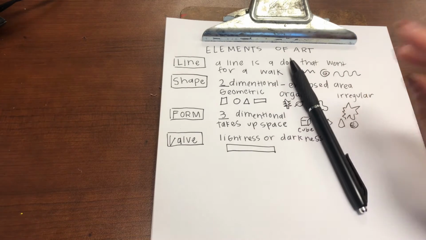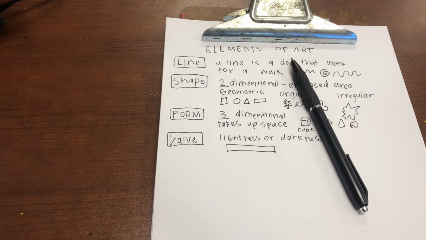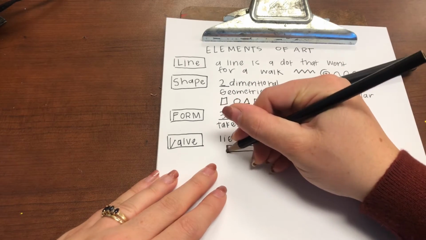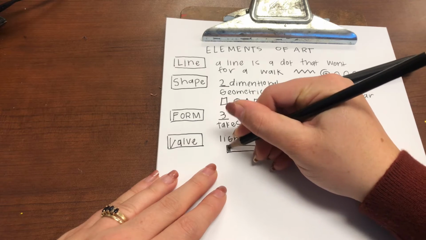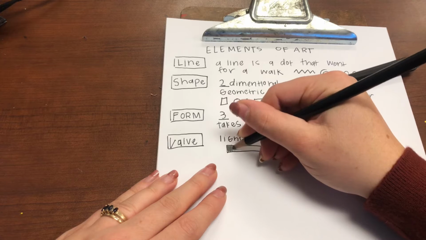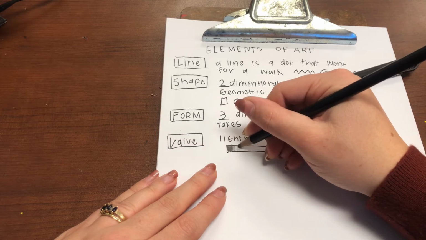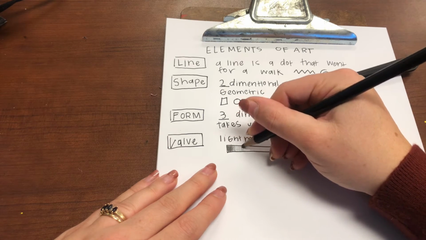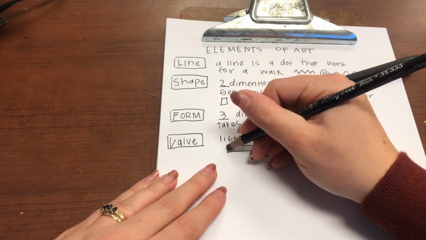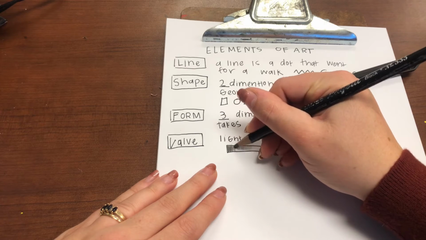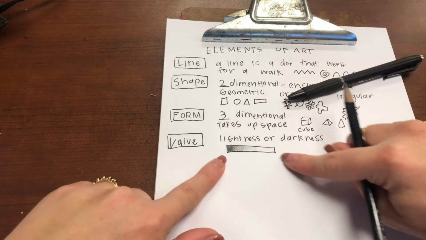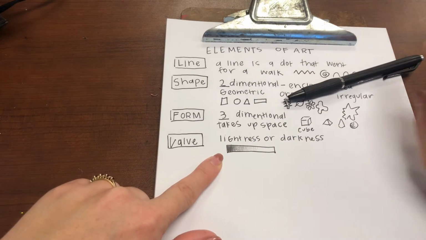I'm going to grab a pencil to show you this a little better. It's just going really, really dark and doing that gradient scale and getting lighter and lighter and lighter. You can really see it goes from really dark to medium to light, and then it fades to white. So that is your value.